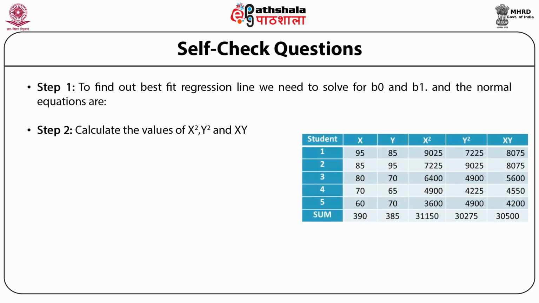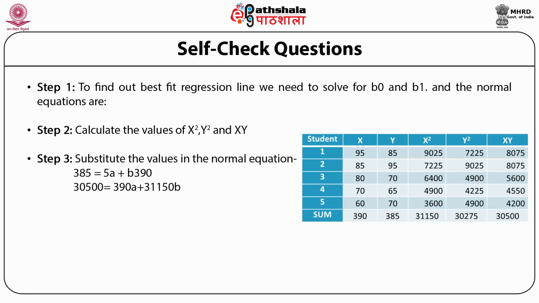Once these values are known, we replace sigma y with 385, n with 5, and sigma x with 390. For the second equation, from the table the value of sigma xy is 30500, and sigma x is 390.